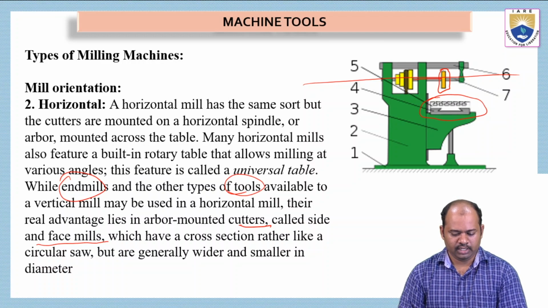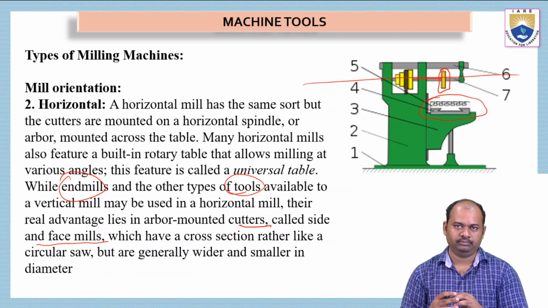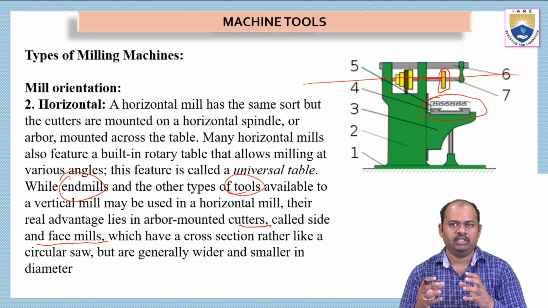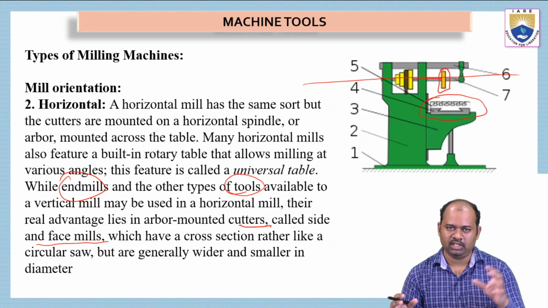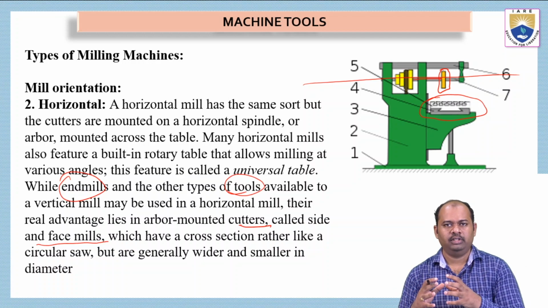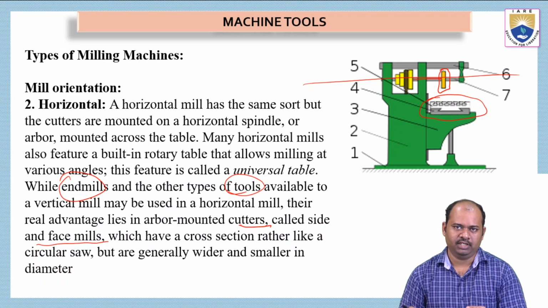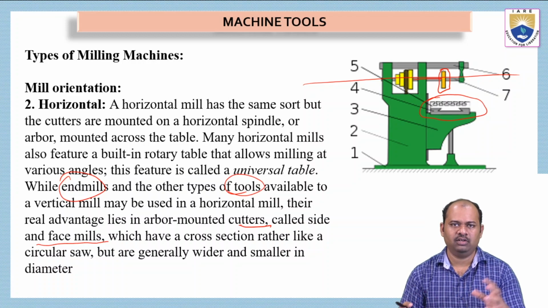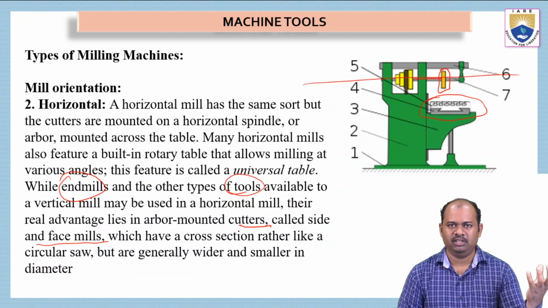The real advantage is in cutters which have a cross section rather like a circular saw but are generally wider and smaller in diameter. The tools which are sometimes taken into the horizontal milling machine from vertical ones have a smaller diameter. They are generally wide because they are made for vertical milling machines.